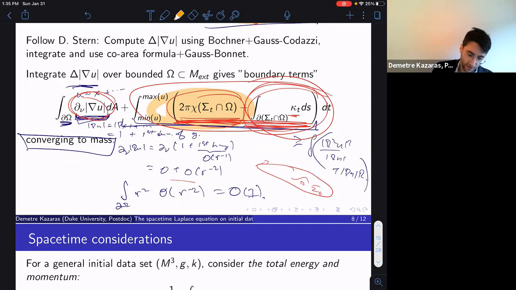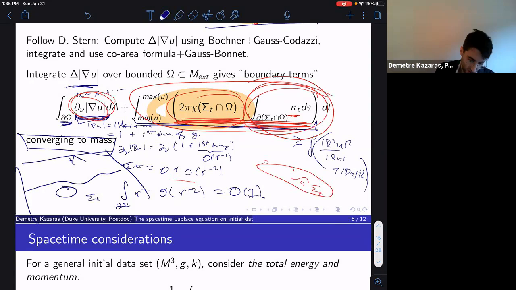Now, this can fail to be the case if you have a level set which looks like this. So in your 3-manifold M, you have a Sigma_t level set of your spacetime harmonic function, which contains some spherical level set component.